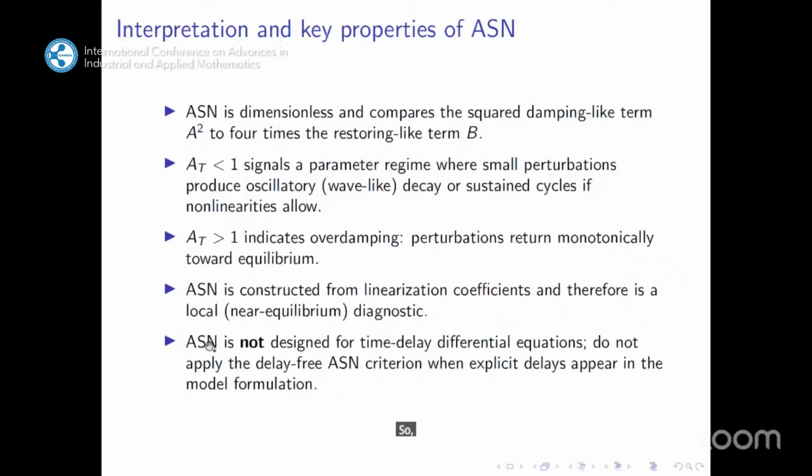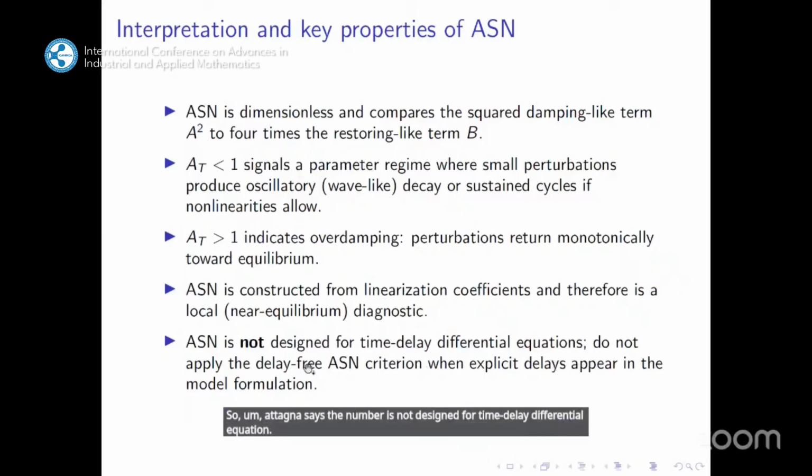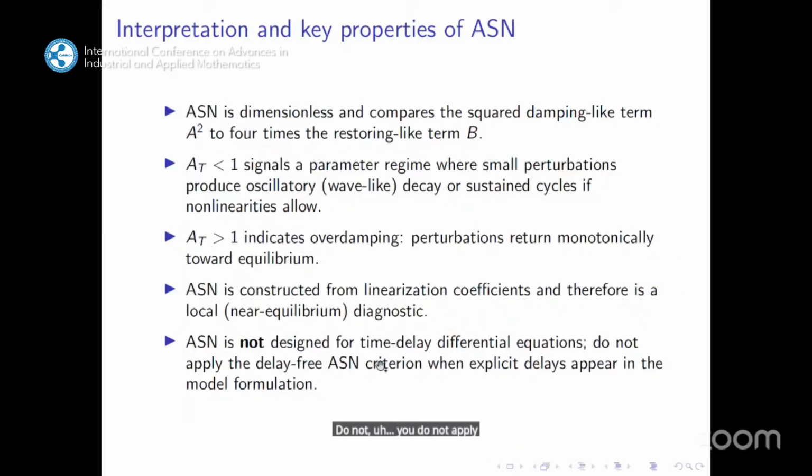So the Atangana strength number is not designed for time delay differential equations. You do not apply the delay-free Atangana strength number criteria when explicit delay appears in the model formulation.